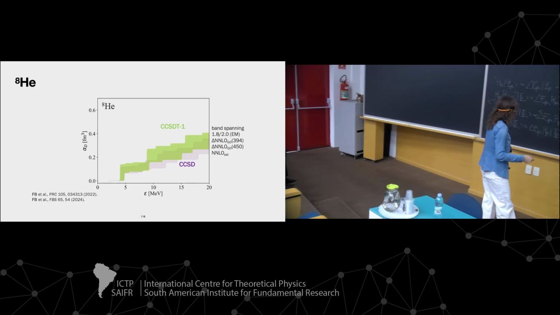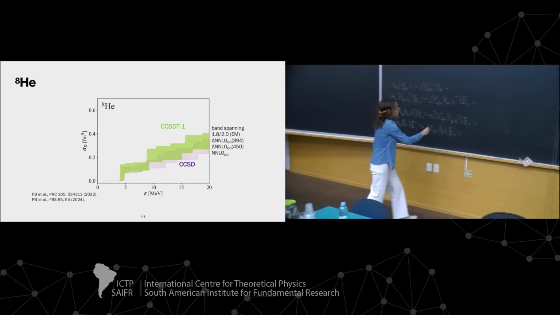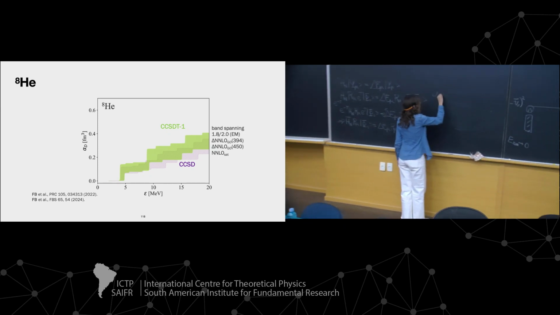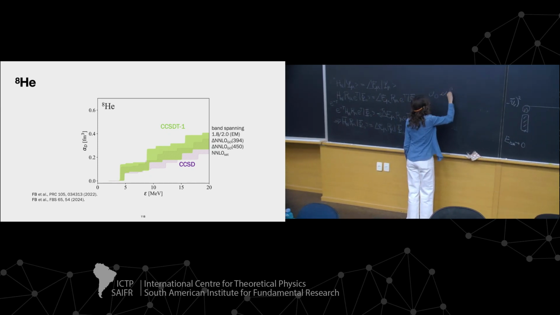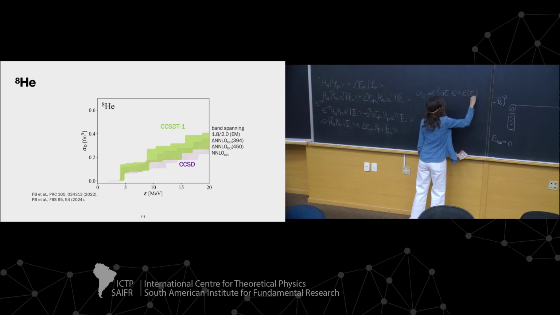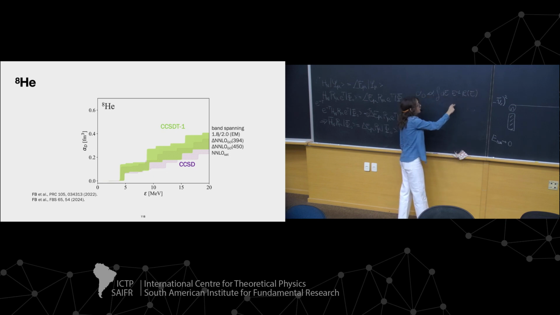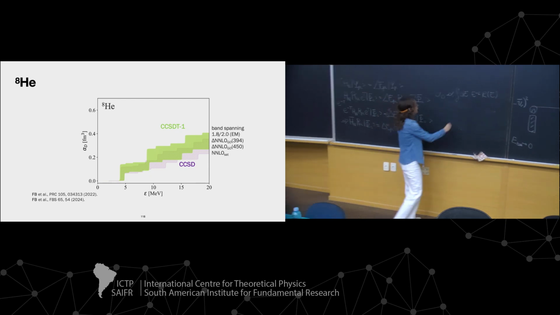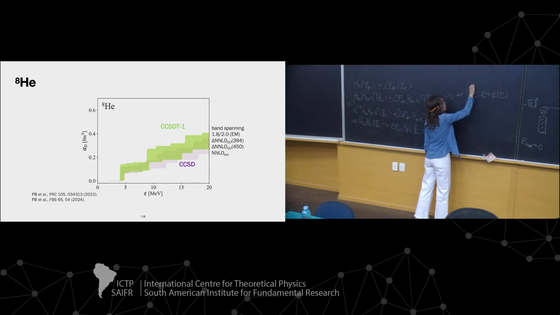The idea is that, as I was showing at the beginning, alpha d is proportional to the integral of E to the minus 1 times R(E), so the inverse energy weighted integral of the response. Here we should integrate from 0 to infinity.